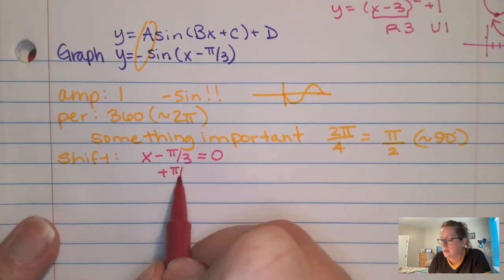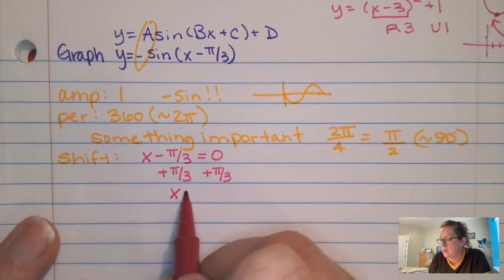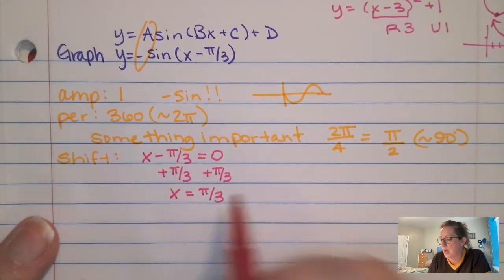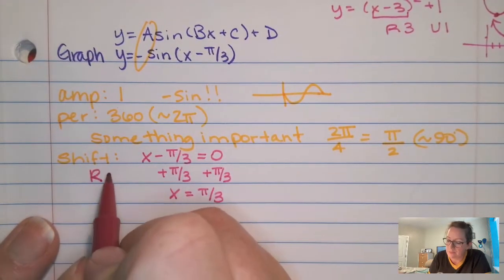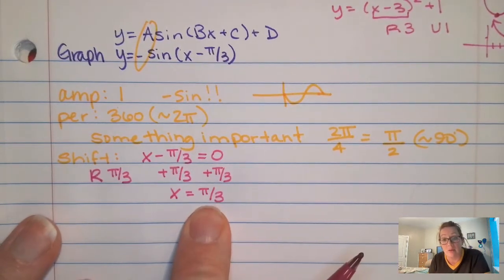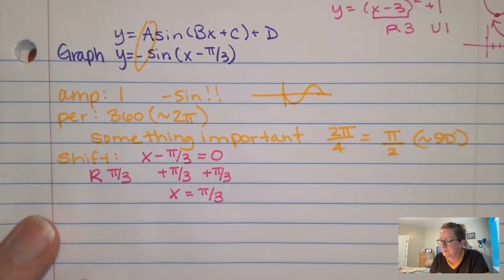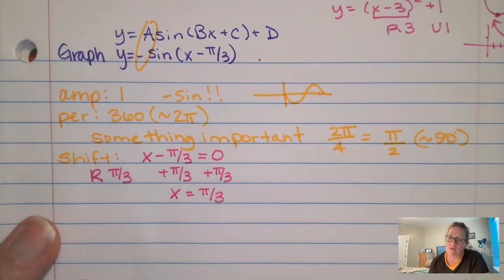In this case, we would get a positive pi over 3. So we would be going pi over 3. This negative means I'm going right pi over 3. This also, because we got a positive pi over 3, is why it's right, okay? And then there's a shift up and down, but in this case, there is no shift up and down.